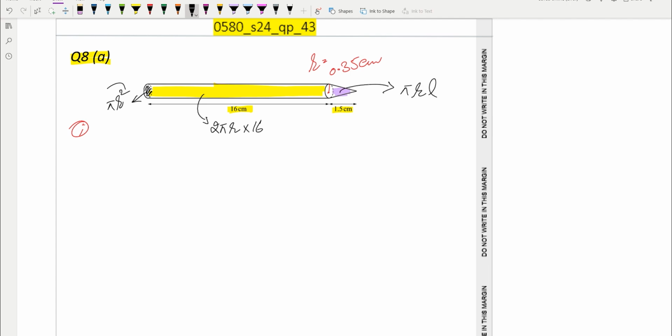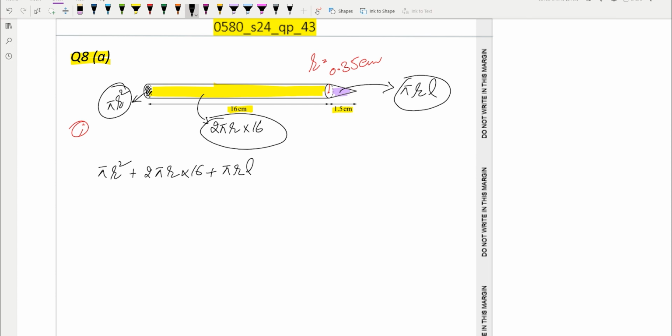So these are the three values which we need to add. The formula will be pi r squared plus 2 pi r into 16 plus pi r l. Substituting r as 0.35: pi times 0.35 squared plus 2 pi times 0.35 times 16 plus pi times 0.35 times l.